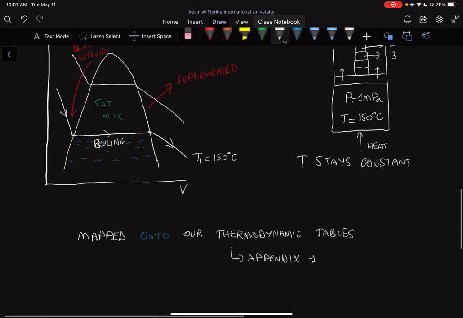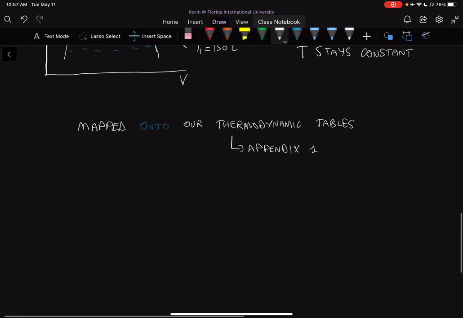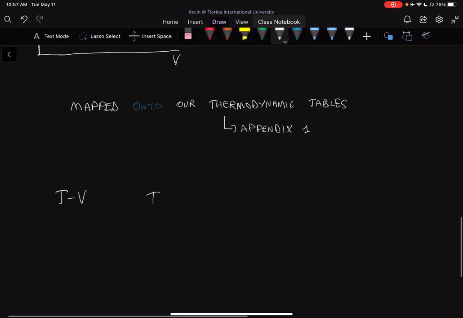Okay, so moving on from this, instead of a TV graph, with temperature and volume, we can also make a T-specific volume graph. So remember, lowercase v is specific volume, and v is equal to volume over mass. Specific just means that it's divided by mass.